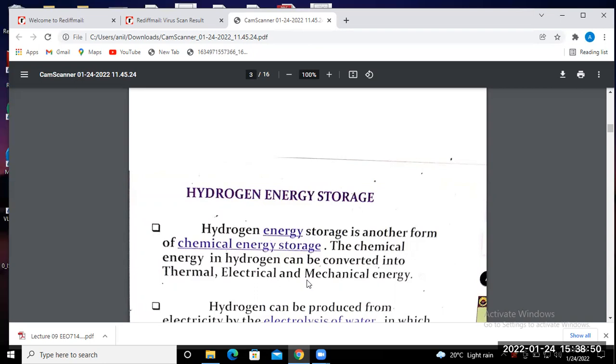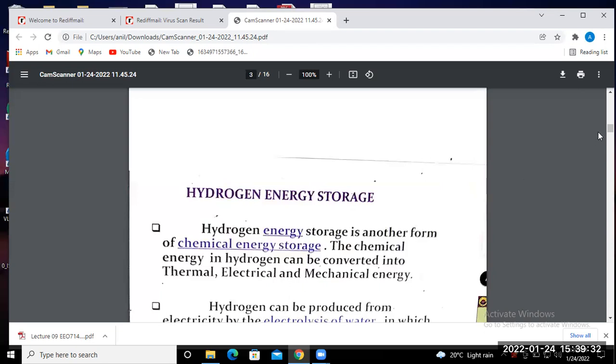We can use it as heat, to drive electrical loads, or to drive mechanical loads. So it can be transformed into various forms of energy requirement, either thermal, electrical or mechanical.